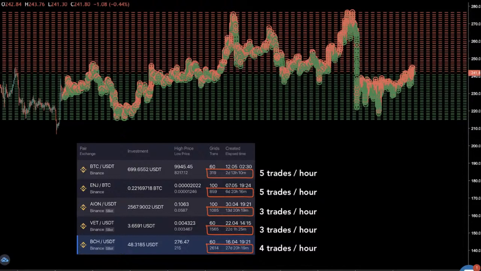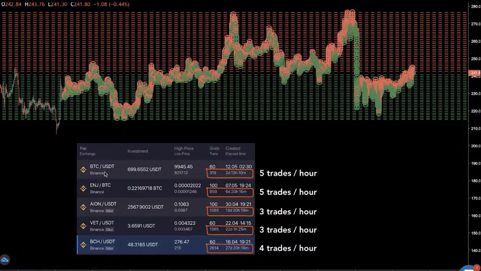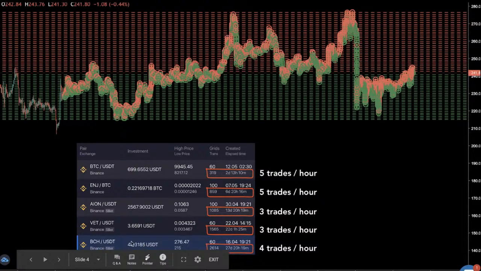So here's the perfect visualization of high frequency trading in action. And as you can see, I have a list of some active trades, active bots in this case. So for instance, the highest one is Bitcoin Cash trading to USDT.